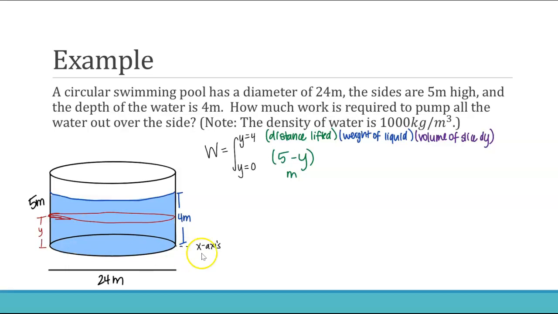And then we have to calculate the weight of the liquid. And so that's why this note is given here, the density of water. So because we are given the density of water is 1,000 kilograms per meters cubed, I'm also going to have to include gravity to that to find the weight.